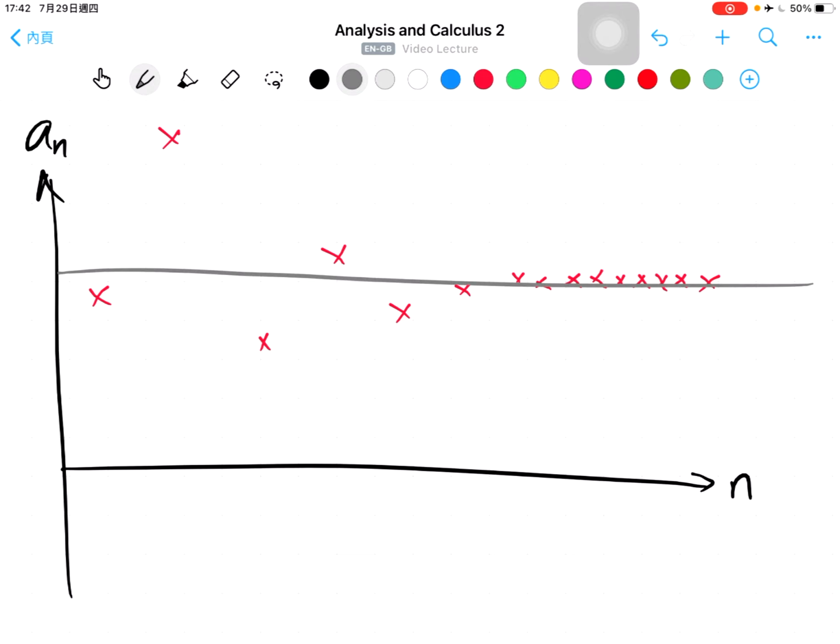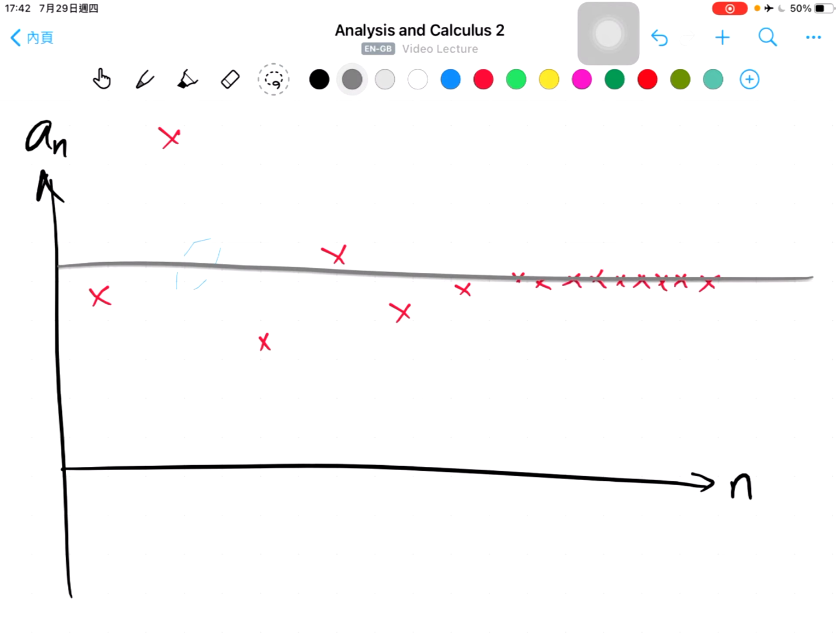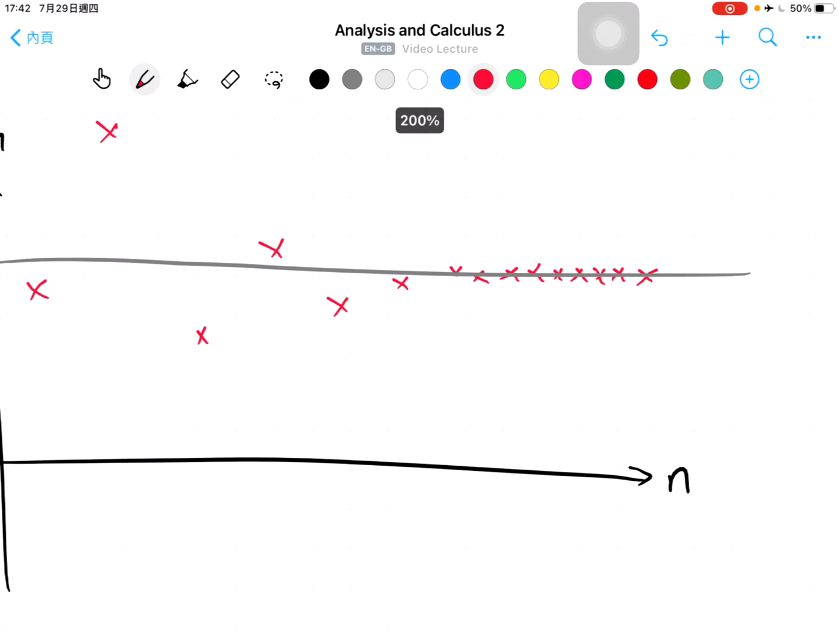But anyways, it seems like as n grows larger, our sequence is getting very close to some value. Let's call this a. It's kind of getting to a value a. Very close, right? There's still some kind of error going on over there.